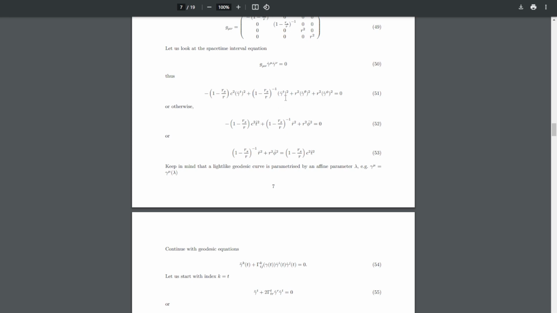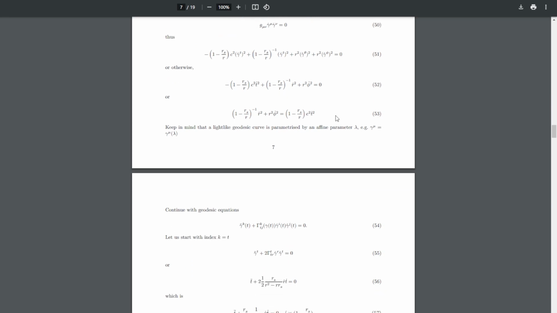Gamma dot r would be an r dot. Gamma dot theta would be a theta dot. Gamma dot phi would be a phi dot, as it is here. We picked the equatorial plane, so we're never going to go out of it. That means that gamma dot theta is 0, so we get some simplifications.